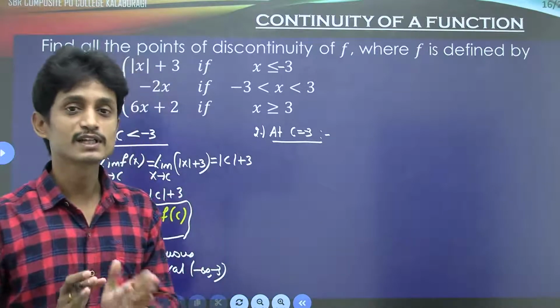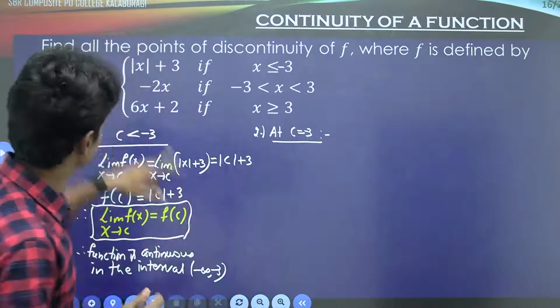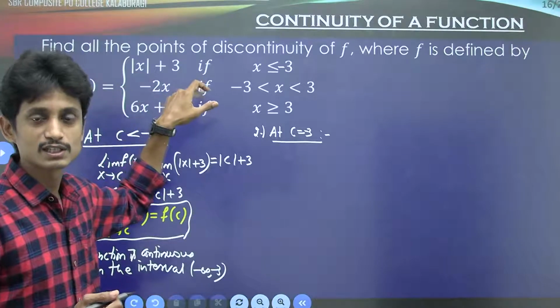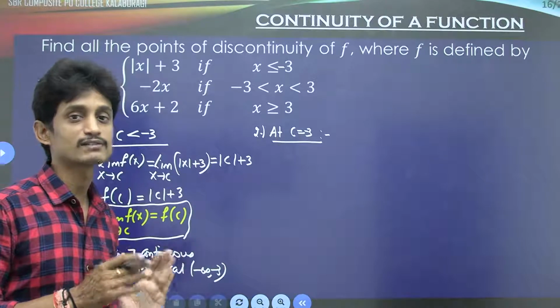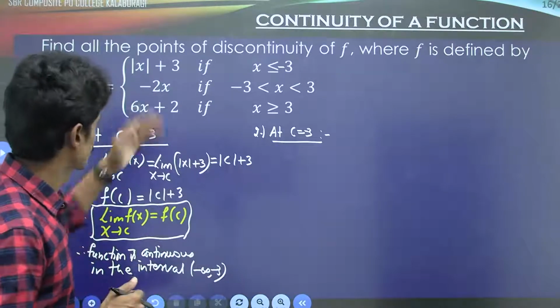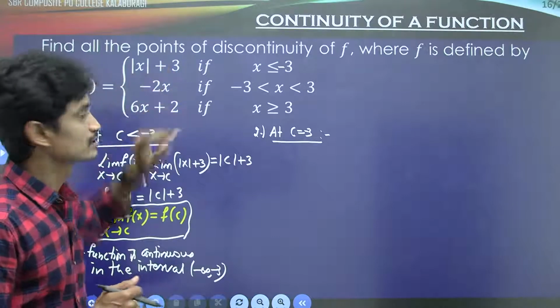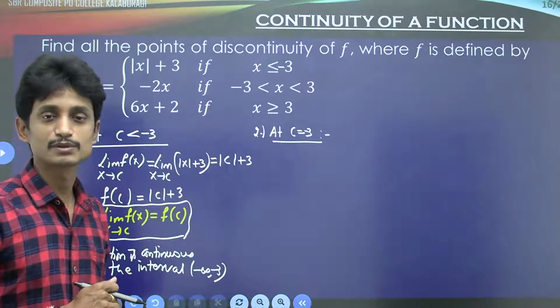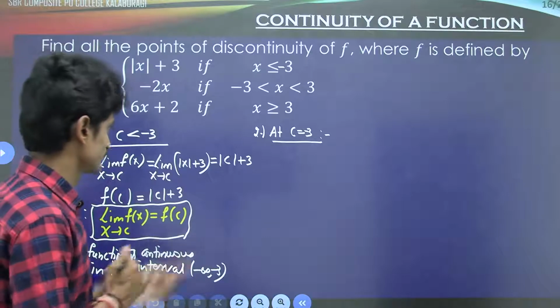That's why in this case it is compulsory to find the left limit as well as the right limit. Some basics: mod x is a continuous function, 3 is a constant continuous function, and the sum of two continuous functions is always continuous, so there is no break in that graph. But here two relations are split according to their input: left deleted neighborhood of minus 3, right deleted neighborhood of minus 3.